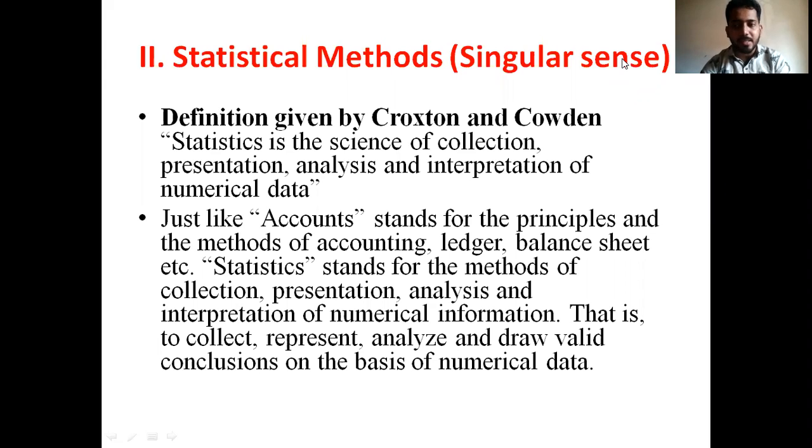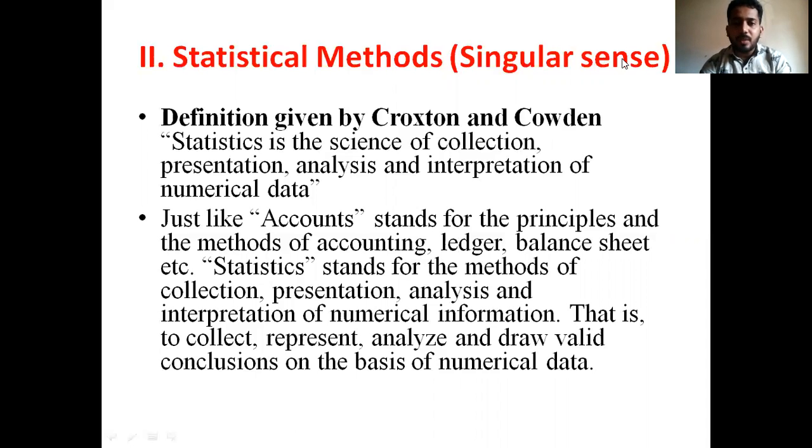Based on that context, we discussed in the last class the characteristics as well as the definition of statistics. In today's class, we are going to discuss the second context, the definition based on the second context as well as its characteristics, that is statistical method.